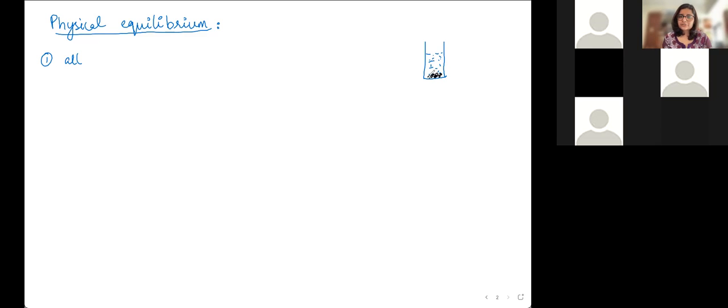You can see that sugar is still there at the bottom, right? It's not getting mixed up in water. That brings us to the first characteristic of a physical equilibrium, that all the measurable properties are constant.